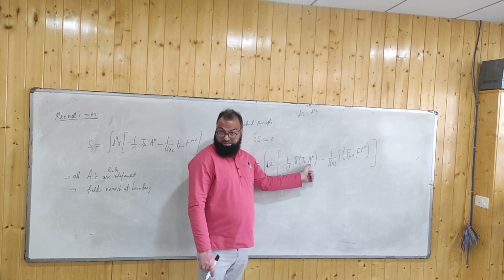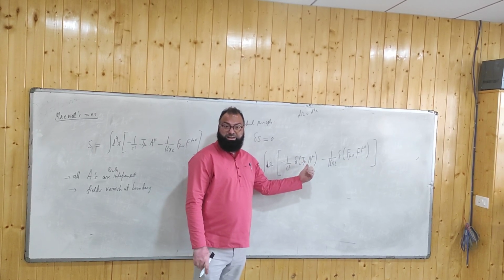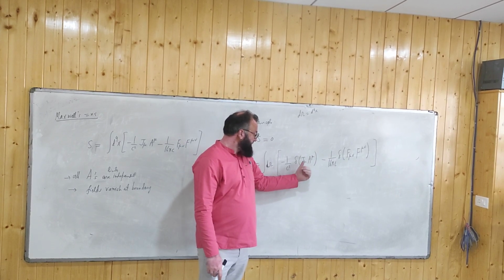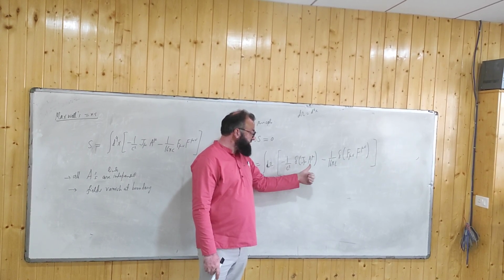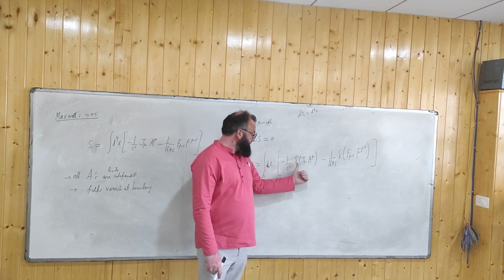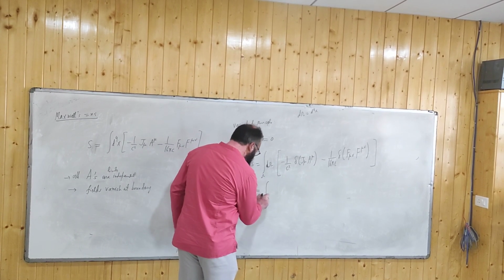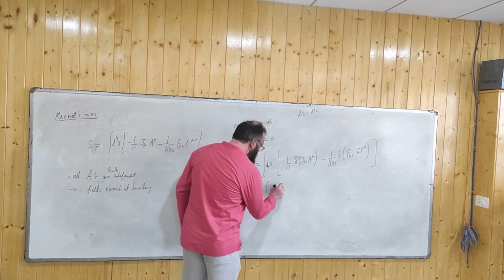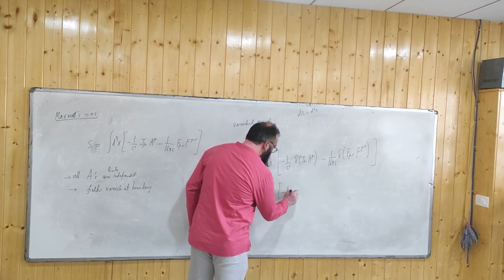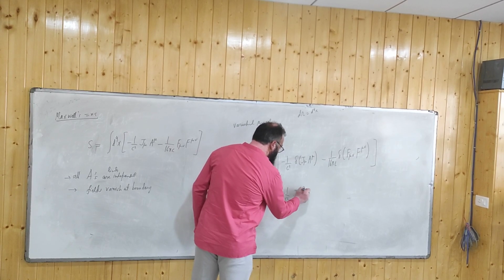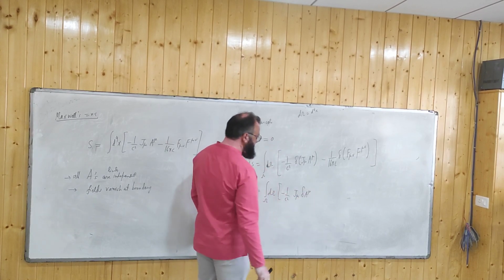Sources do not contain fields. Because we are taking the variation with respect to the field, the variation will not affect J. So it means the integral d omega of minus 1 by c squared, I will simply write J mu delta A mu.